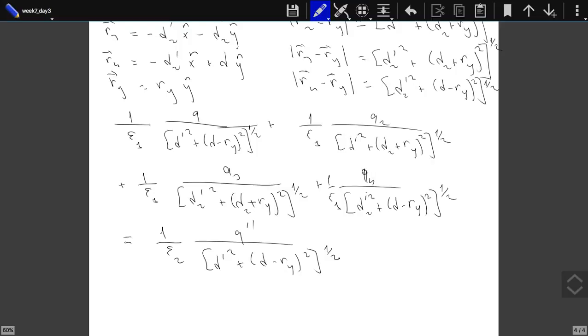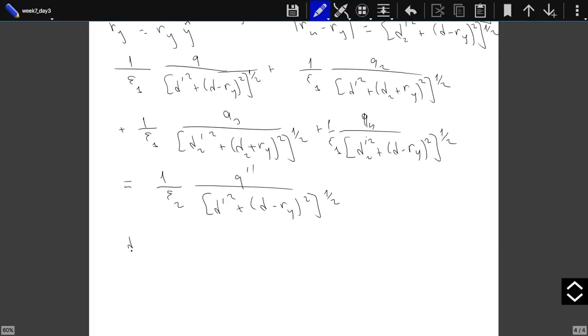Now, this time the first term on the left-hand side has the same functional form as the term on the right-hand side. The fourth term can also be brought in the same form, assuming that d prime is equal to d2 prime.